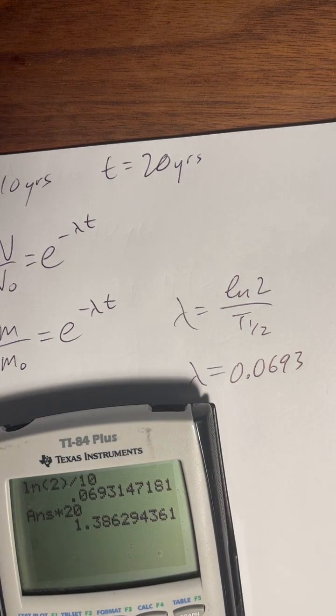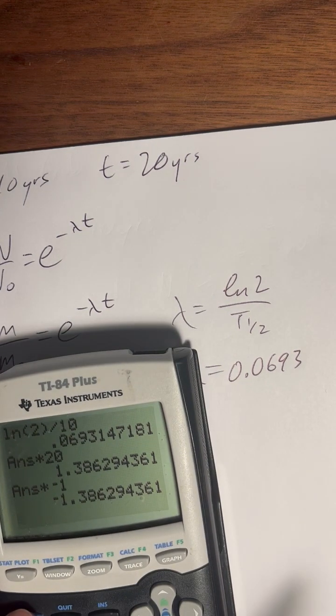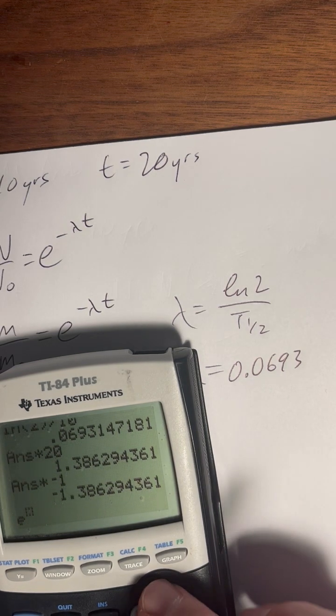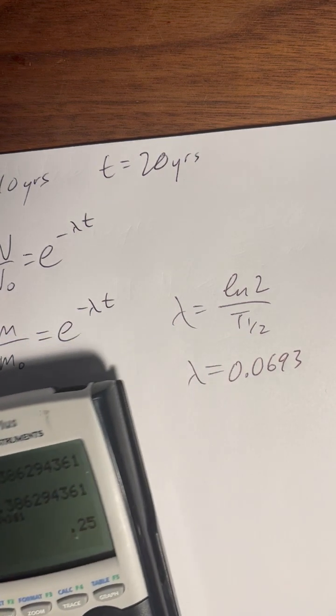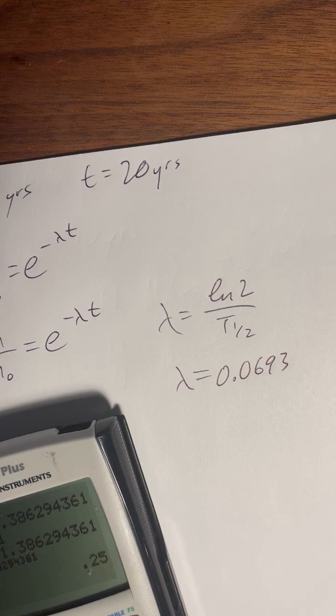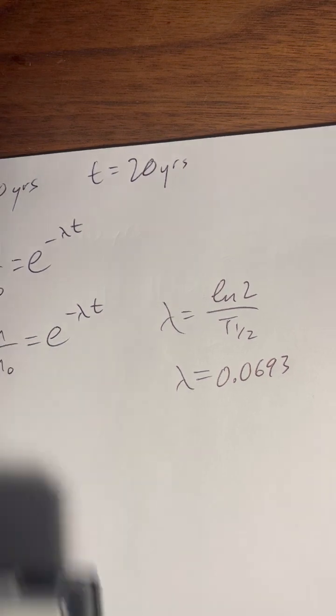Then I'm going to turn that negative and put it as an exponent of e. So I did the second division to get the e, and then raised it to the power of this. And we get 0.25, and if I multiply that by the 100 grams that I started with, I get 25 grams, and yay, everything is correct.